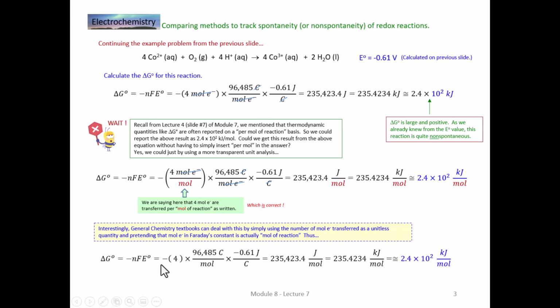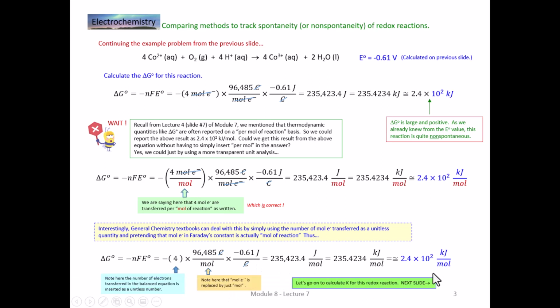Thus, you could rewrite this calculation again, and you might see me do this in the future, putting a unitless number in here for the number of moles of electrons transferred, and instead of writing moles of electrons for Faraday's constant, just writing per mole. And if we do that, we get kilojoules per mole, and no one knows the difference, or at least you don't unless you look at it a little more closely. So let's go on to calculate K for this redox reaction.